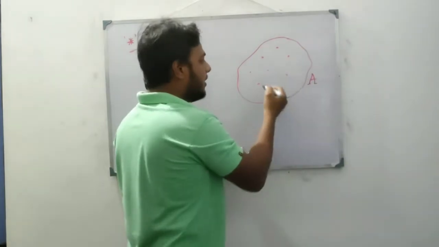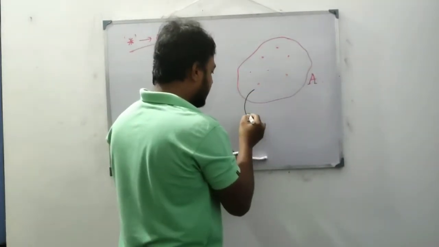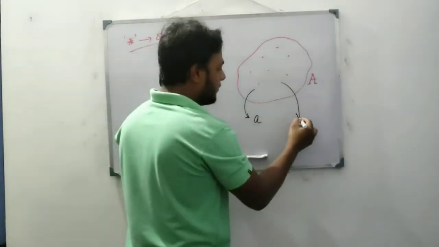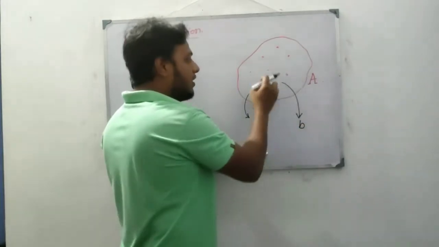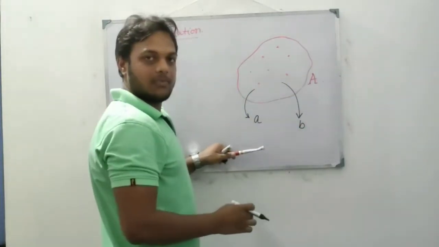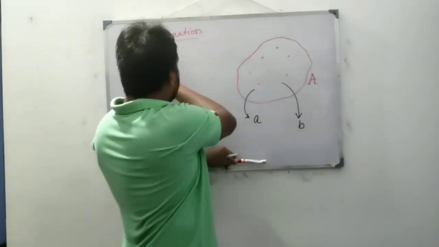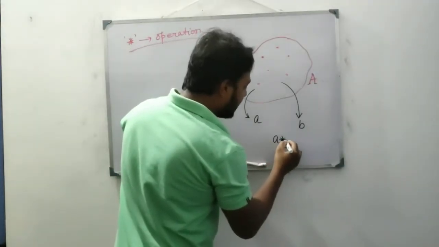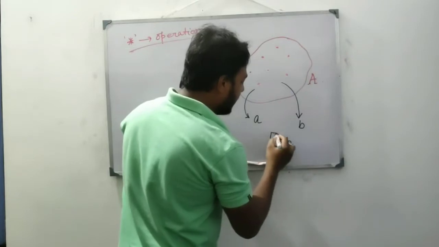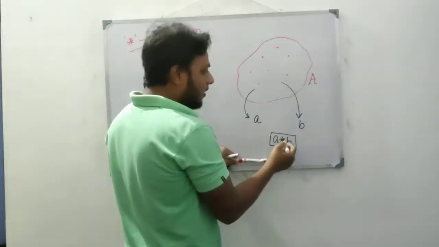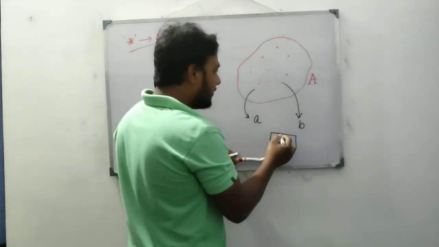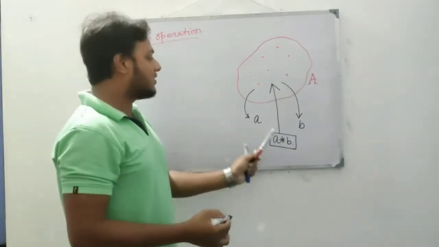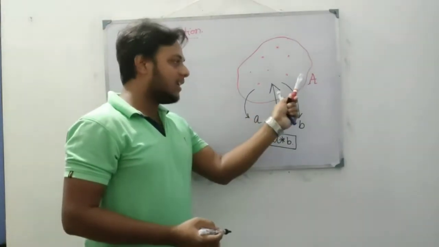Suppose I have chosen the element A, an arbitrary element, and another element B. If we operate star on these 2 elements, it becomes A star B, and A star B is itself a number. Whatever resulting element you get, if it is also a member of the set A, then we can say that star is a binary operation on the set A.